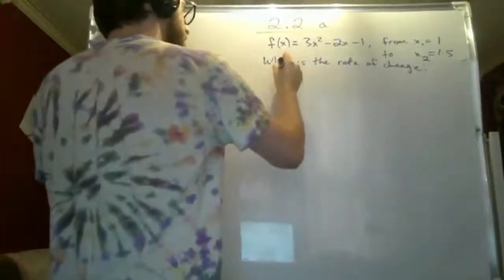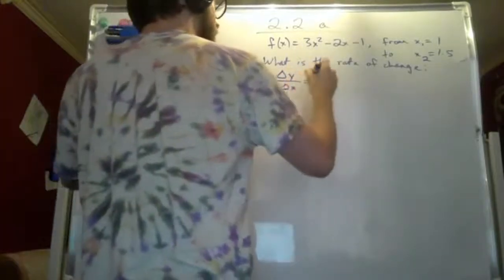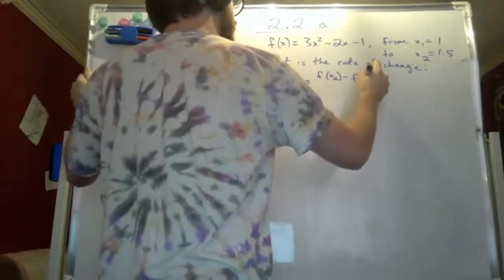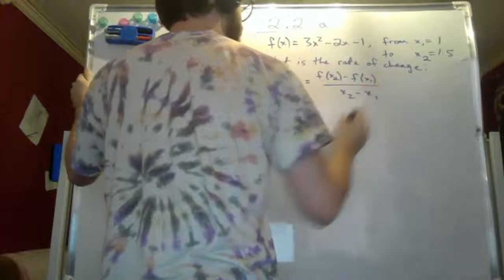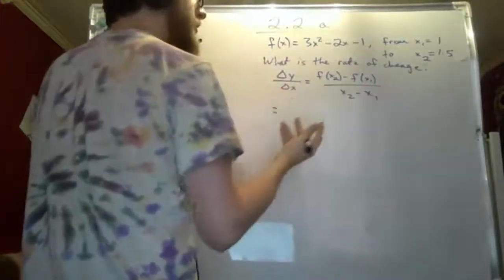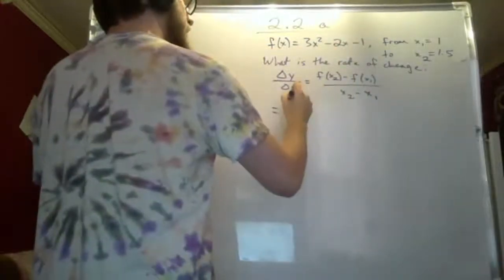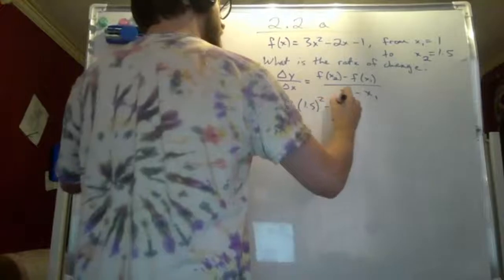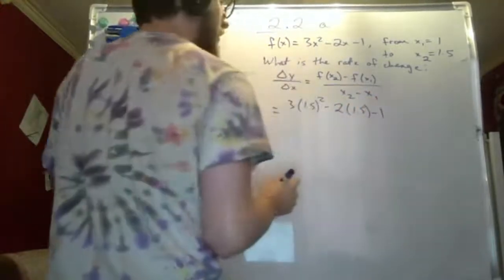We know it's delta y divided by delta x, or in other words, f of x2 minus f of x1 divided by x2 minus x1. So I'm just going to plug it in. x2 is 1.5, so I'm going to write that in: 3 times 1.5 squared minus 2 times 1.5 minus 1.